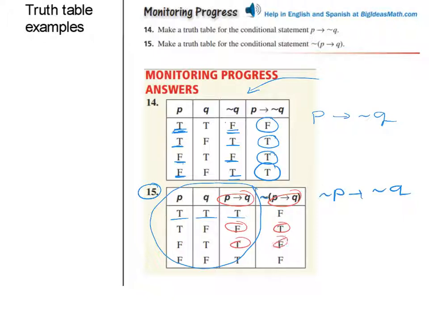If this is true, this is false, etc. And keep in mind, another hint for number 14 would be, if you're saying Q is true, not Q has to be false. Q and not Q cannot be true both at the same time. That's saying the cat is black and the cat is not black at the same time. You can't have a cat that is both black and not black.